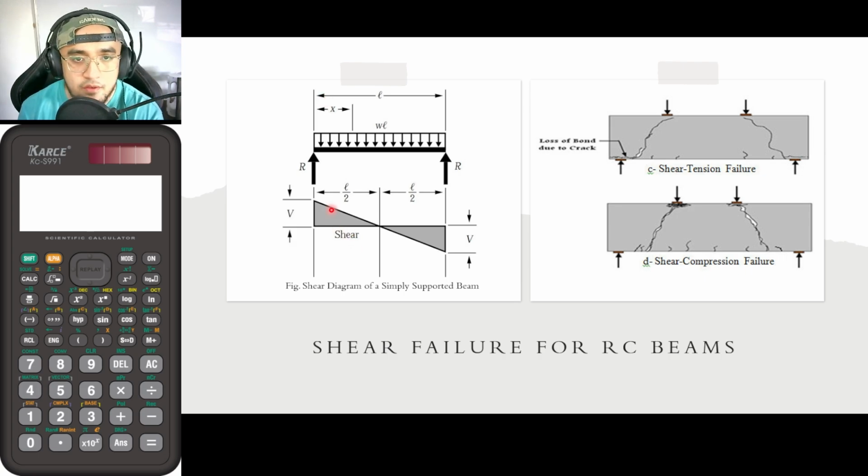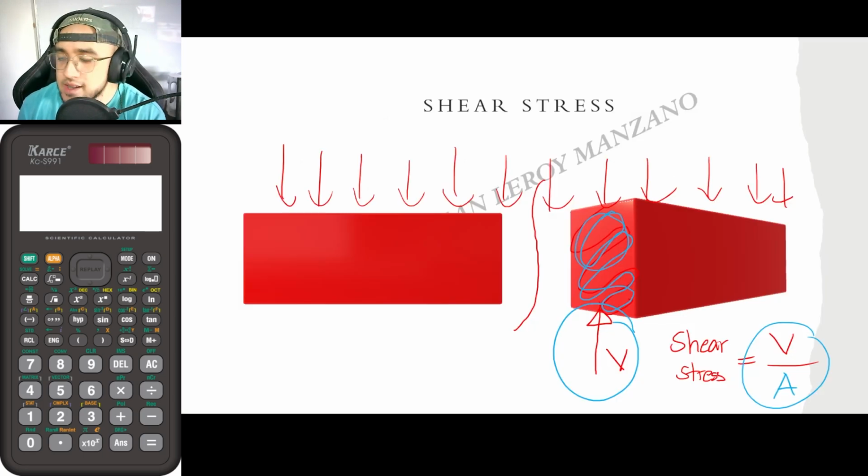This time, instead of the moment diagram, we will make use of the shear diagram. In order to be successful in this subject, you must first master mechanics of deformable bodies, specifically shear diagrams.